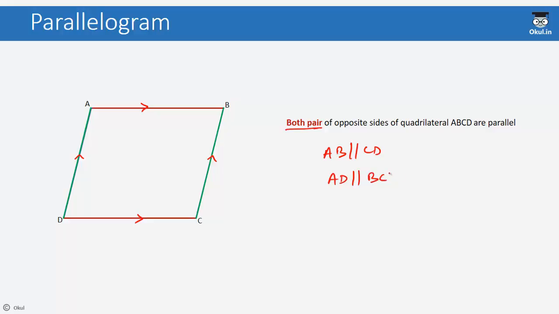If both the conditions are true, then we can say that a particular quadrilateral is a parallelogram. The difference between a parallelogram and a trapezium is that in a parallelogram, both pairs of opposite sides are parallel, whereas in a trapezium, only one pair of opposite sides is parallel.